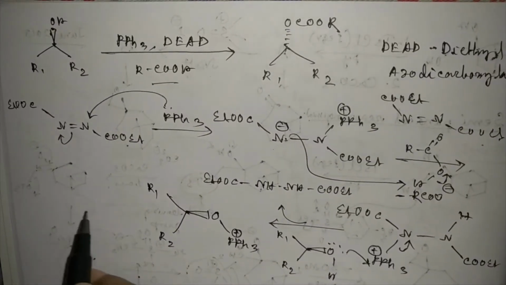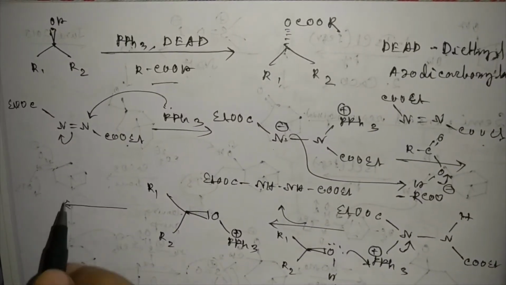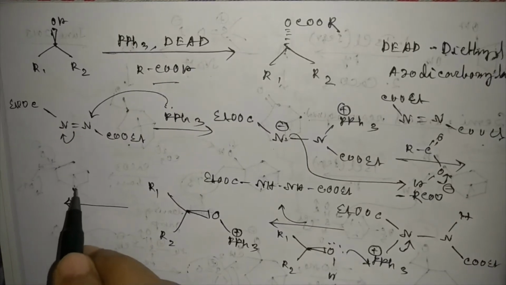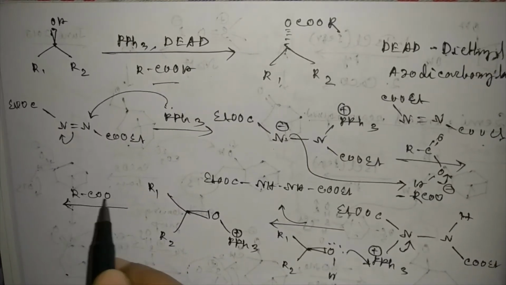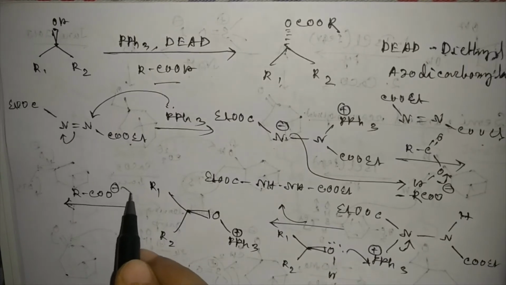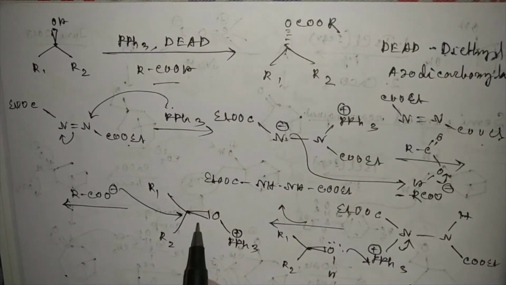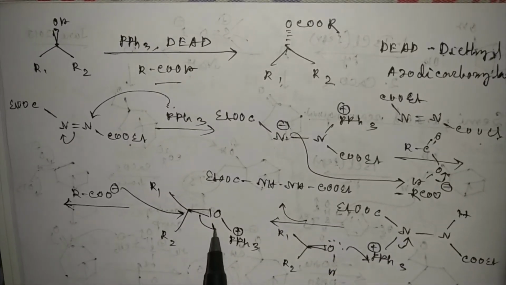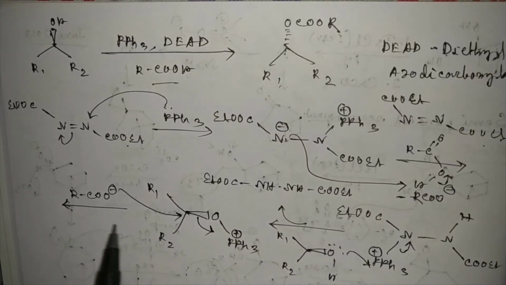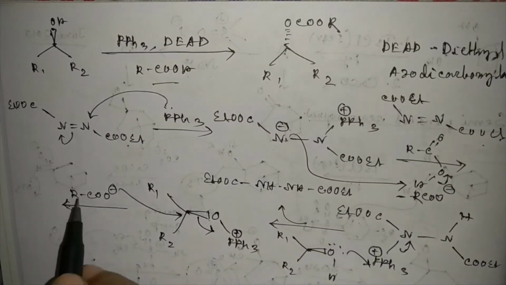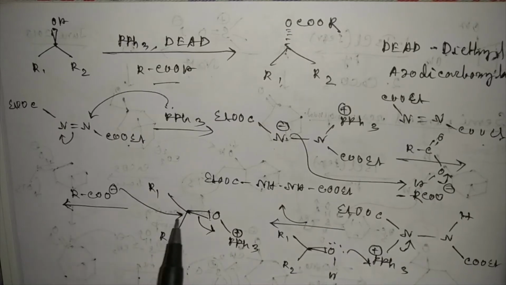Now RCOO- will attack this carbon, and this is a good leaving group, so it will leave. So what will be the product? It is above the plane and it is going from below the plane.